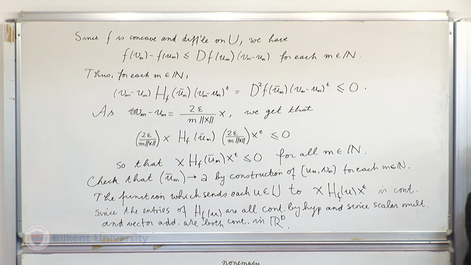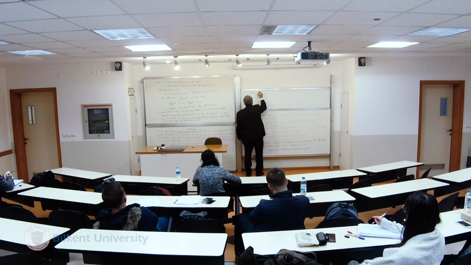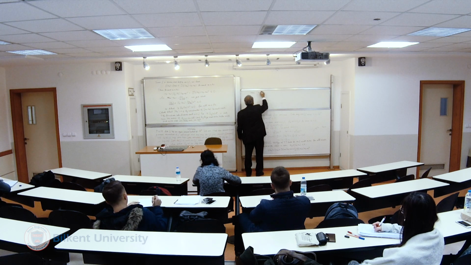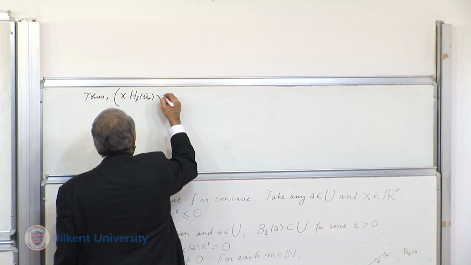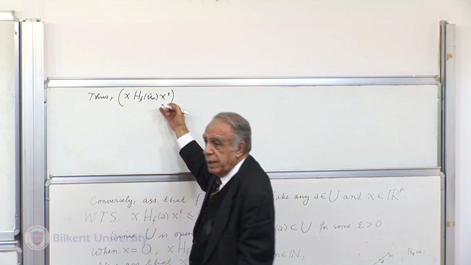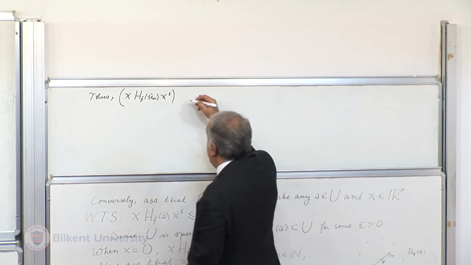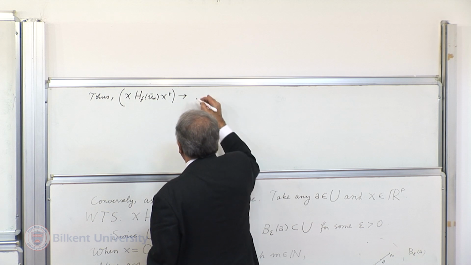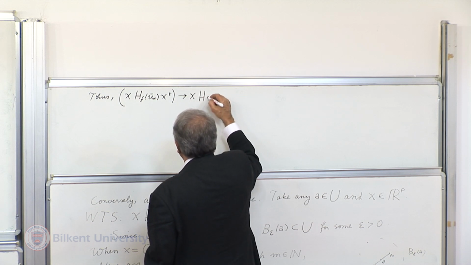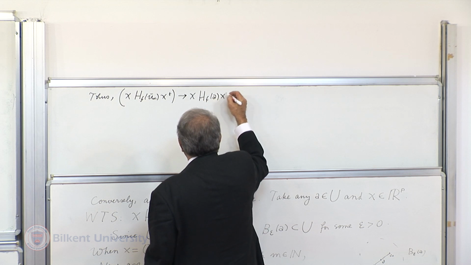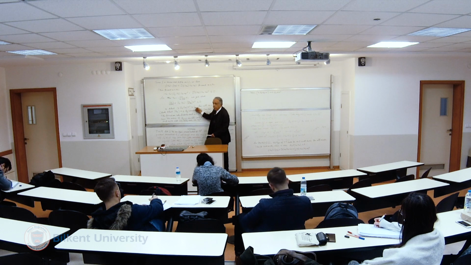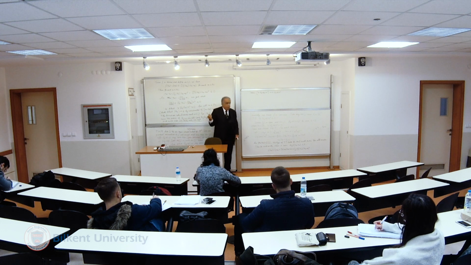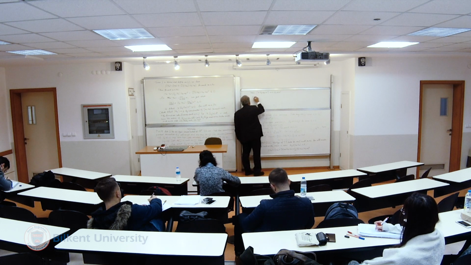Thus, the function x h sub f u bar m x transpose, which is a function in R because each term is in R, converges to x h sub f of A x transpose. But since this is less than or equal to 0 for all m, this inequality holds in the limit as well.